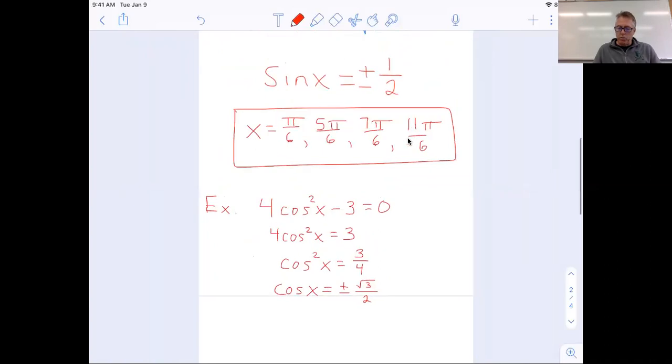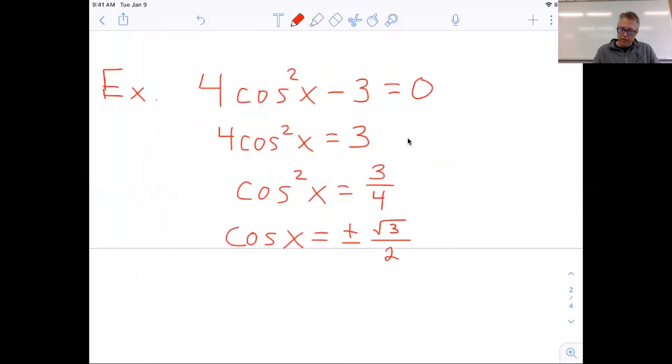So we did the algebra. We're kind of like in this step from the problem above, we then just have to find all places where the cosine is root 3 over 2 or negative root 3 over 2. So let's refer back to our reference angles.